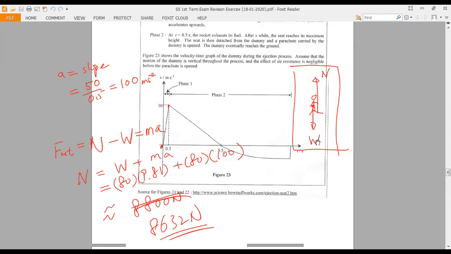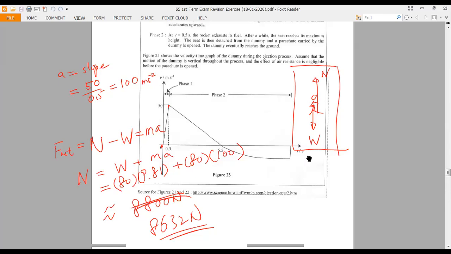About the water rocket. The water rocket could accelerate upward at the beginning because the normal force is larger than the weight. That results in an upward acceleration. So this is the concept about Newton's law. So this is part C.